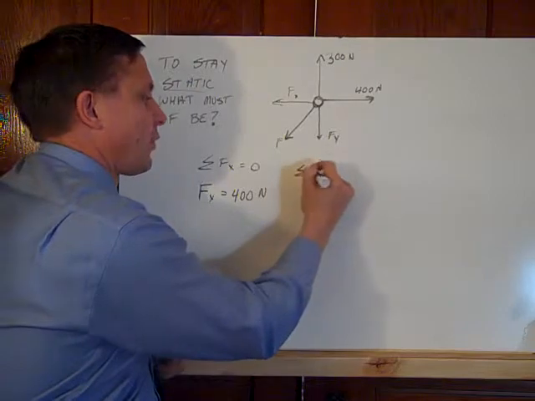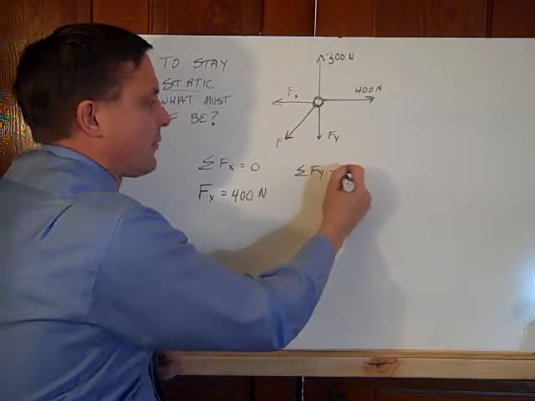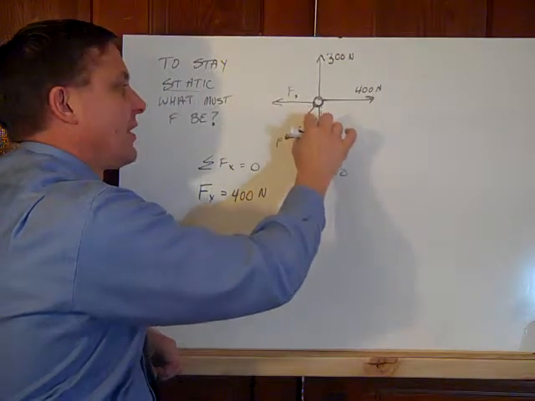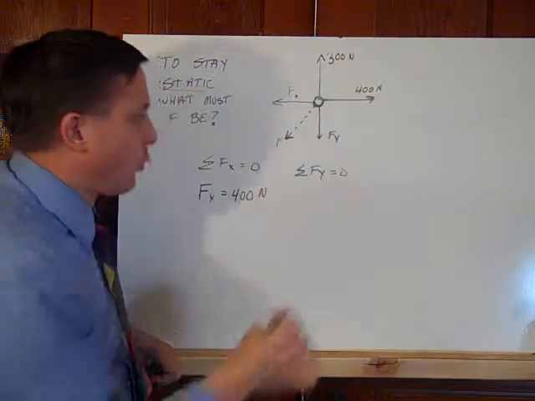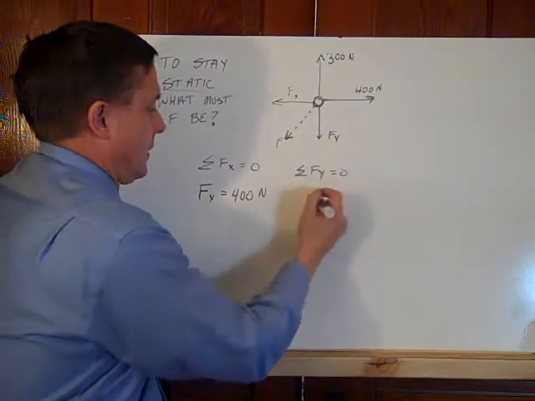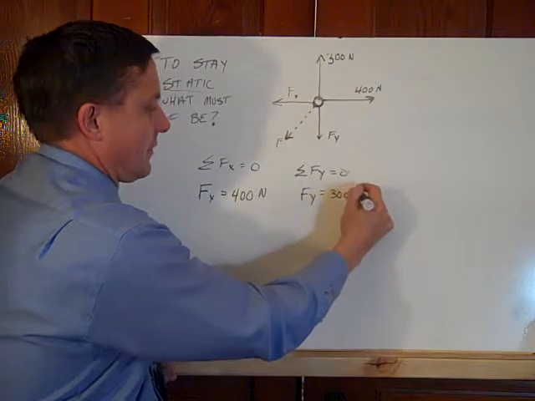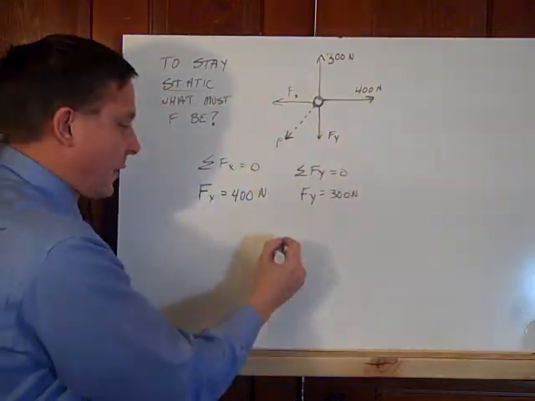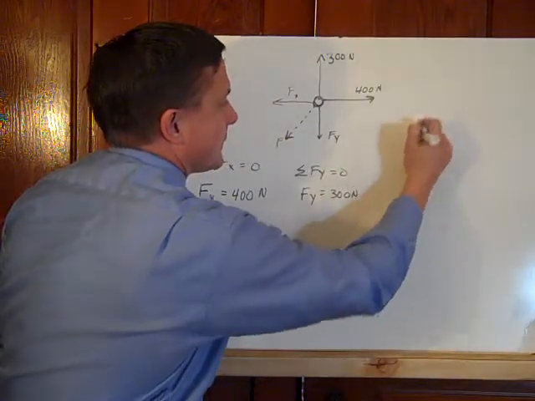We know the summation of the forces in the y direction, vertically, has to be 0. And remember, when I put these forces in, these two forces replace F. The x and y components will make F. So by observation we see F of y has to be 300 newtons. If I redraw these so you can see this, and I should have made my free body diagram over here.